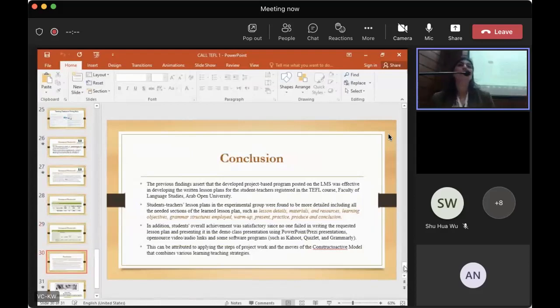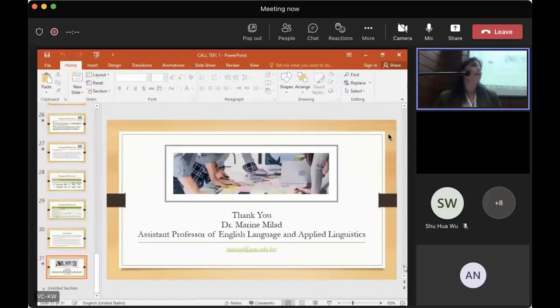Based on the test results, we can presume that any computer-assisted language program can help in many tasks, including teaching TEFL, or teaching English as a foreign language, and this has been confirmed via research.